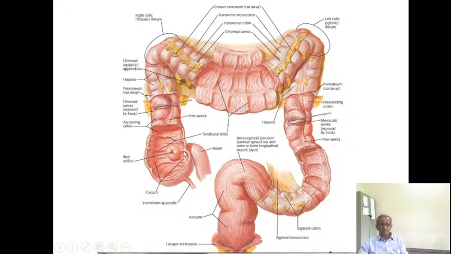Same thing we are showing again: the ileocecal valve, the appendix, and here we are showing the haustra, the sacculations of the transverse colon, and the appendices epiploicae. The appendices epiploicae are more numerous in the transverse colon and descending colon. And this part is the sigmoid colon.